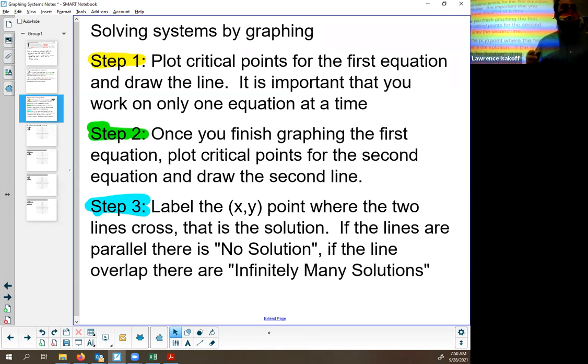If you get two graphs that overlap completely, there are infinitely many solutions. So these are the three steps I'm going to follow on every problem today. I'm going to use Desmos to help me with critical points and my knowledge of graphing.